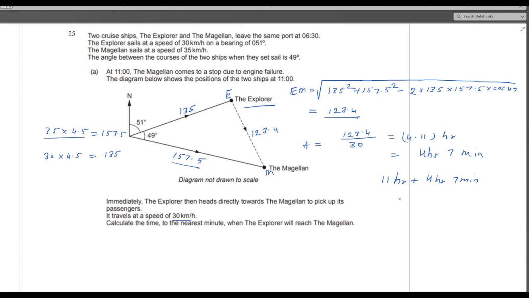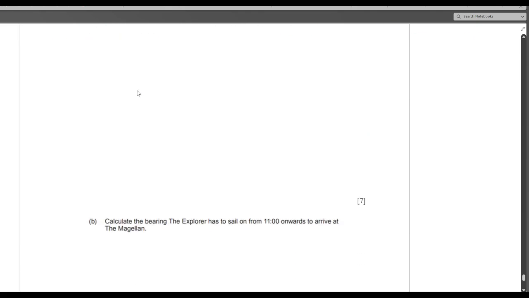So 11 hour plus 4 hours 7 minutes, 11 plus 4 is 13, so it's 13:07. I will say 13 hours 7 minutes is the time to the nearest minute.